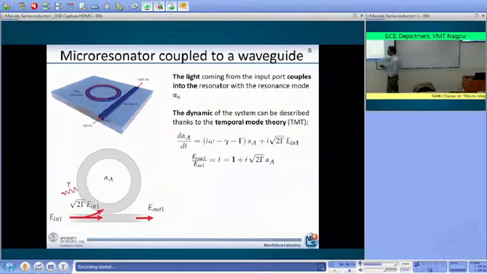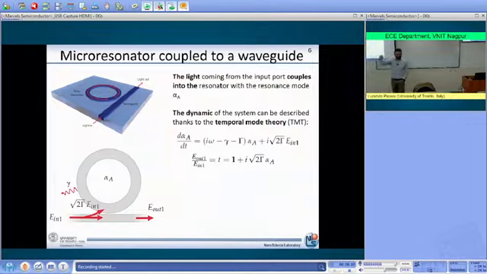Now, what we want to compute is the transmission of the light by the bus waveguide. Therefore, what we do is the ratio between the electrical field at the output of the waveguide versus the electrical field at the input of the waveguide.